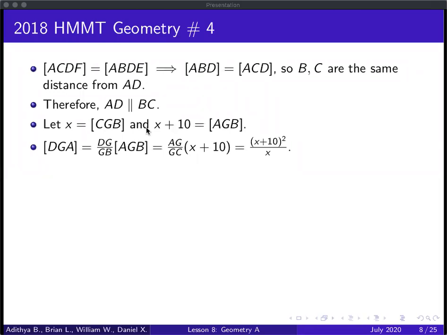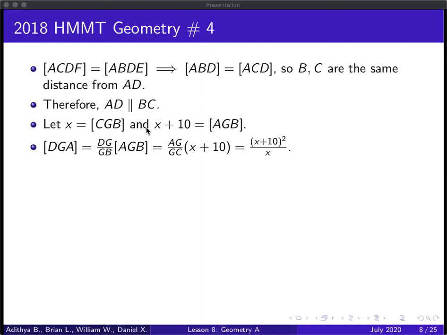Because we have parallel lines and then we have two transversals, and this always just makes similar triangles. In particular, angle BCG equals angle GAD, and CBG equals GDA. That's just information that you can get from the parallel lines. So that gives you that nice relation of ratios.